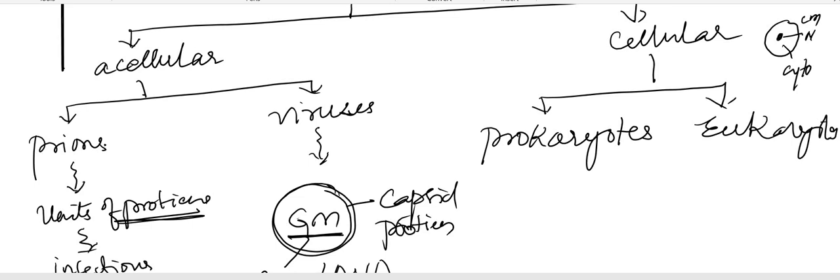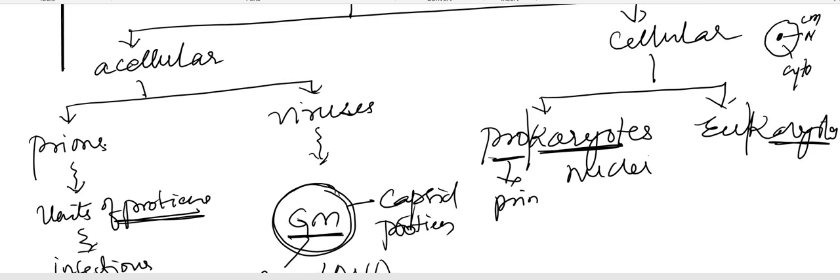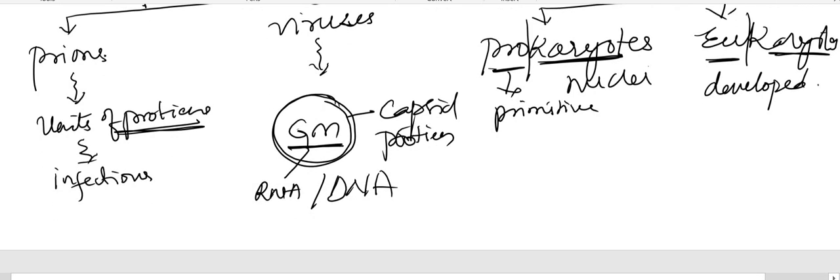Now these cellular components can be classified as prokaryotes or eukaryotes. Pro means primitive, eu means developed. Karyo refers to the nucleus.